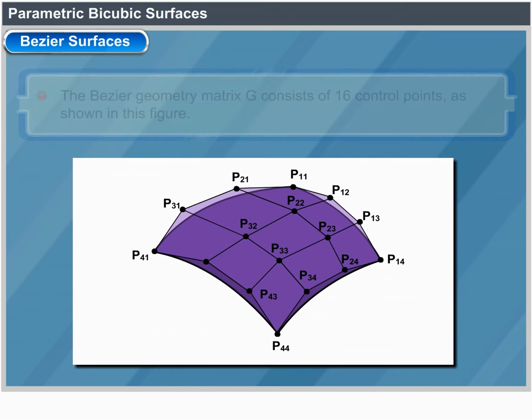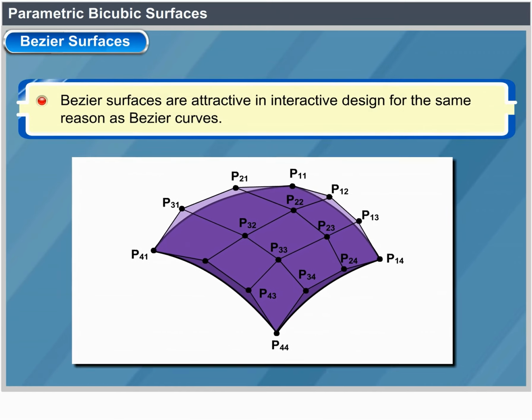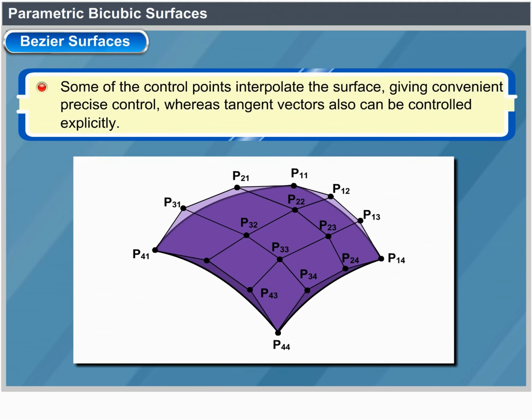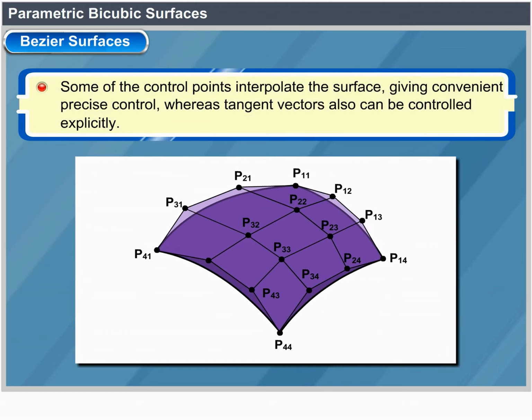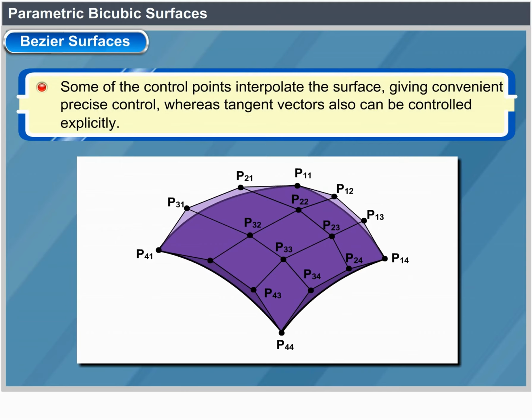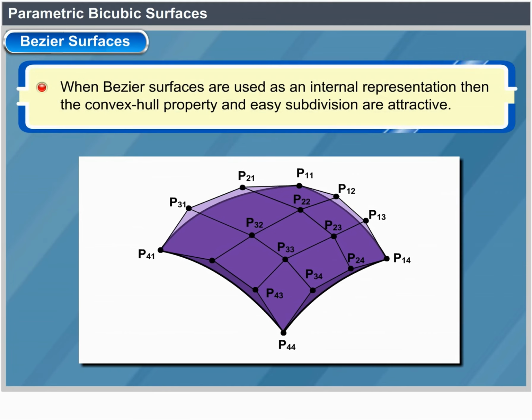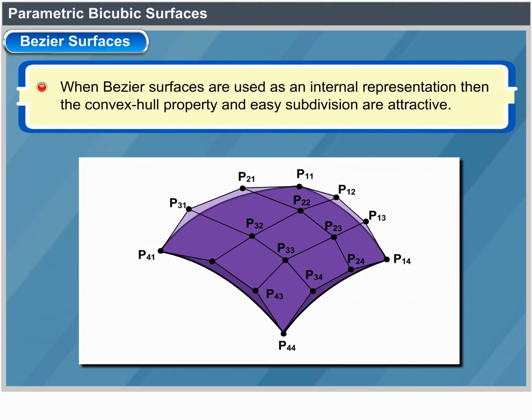Bezier surfaces are attractive in interactive design for the same reason as Bezier curves are. Some of the control points interpolate the surface, giving convenient precise control, whereas tangent vectors also can be controlled explicitly. When Bezier surfaces are used as an internal representation, their convex hull property and easy subdivision are attractive.